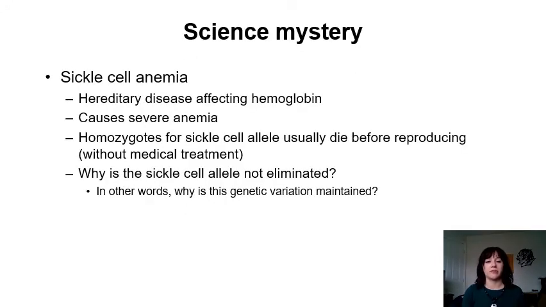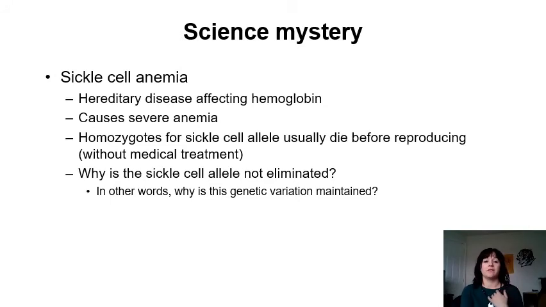Before we talk about our third method of promoting variability in populations, I want to discuss the science mystery, and you're going to watch a video about this as well in lab. So sickle cell anemia is a disease in humans, and this affects hemoglobin, which is an important molecule for transporting oxygen in the blood.